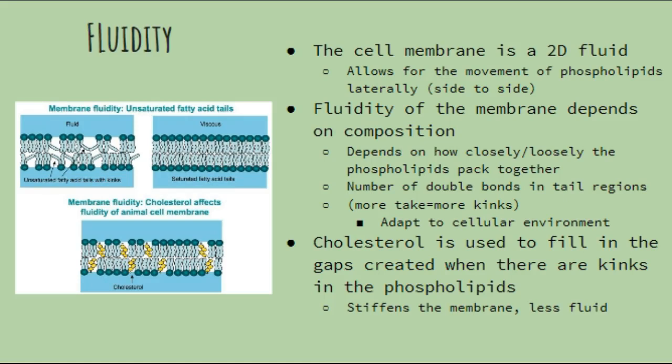The double bonds cause the phospholipids to kink, as shown in the picture. And so when they're kinked like that, they can't pack as closely together. So that leaves room in the membrane, which makes the membrane more fluid. This allows it to adapt to different cellular environments that the cell might be placed in.